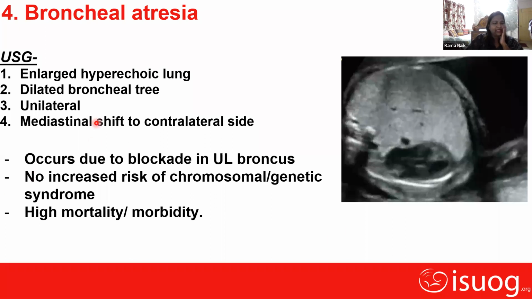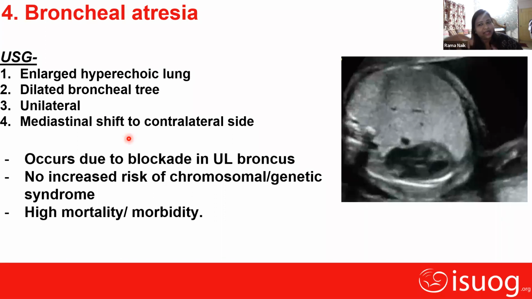Now, bronchial atresia. If you remember the anatomy, if there is obstruction at the level of the trachea or larynx, both structures will be involved, meaning both lungs will be involved. But if there is bronchial atresia on one side, in one lung, it will be unilateral. One lung will be hyper-enlarged and hyperechogenic, but the other lung will not be involved.